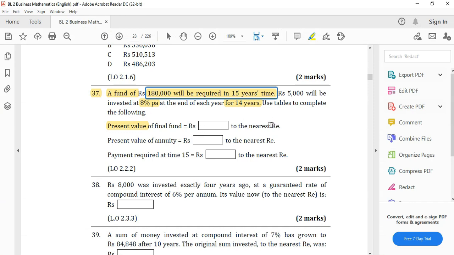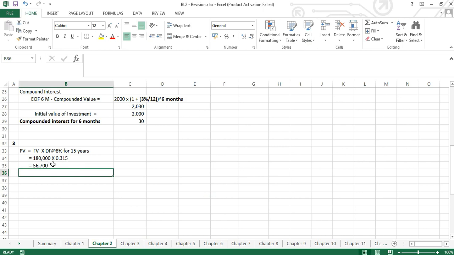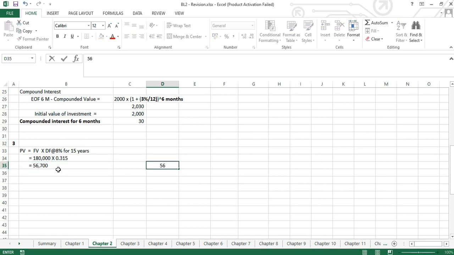So they are asking for the nearest rupee. Here it's already, so nearest rupee means the one before the decimal place, because we learned that if a number is simply mentioned, it means there's an invisible decimal here, and after that there's a zero. But we don't usually show it that way, so we leave it as it is.